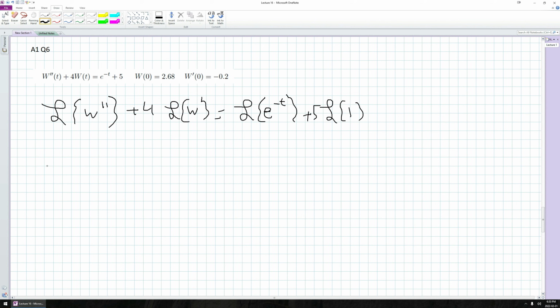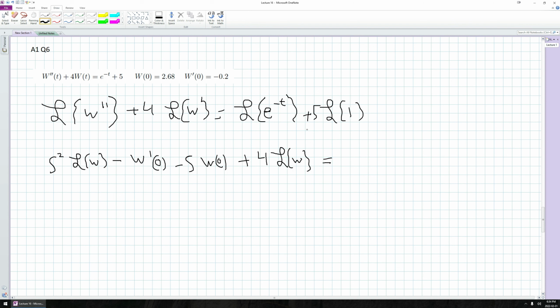The w'' gives me a term s squared times the Laplace transform of w, minus w'(0), which is my initial condition, minus s w(0), my other initial condition, plus 4 times the Laplace transform of w, which stays as it was, nothing fancy there.